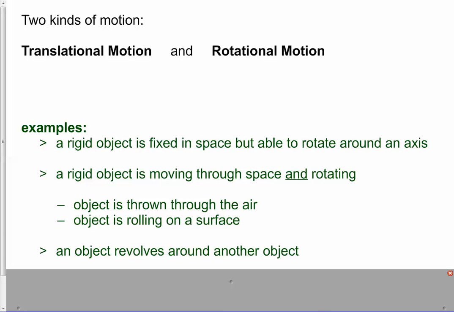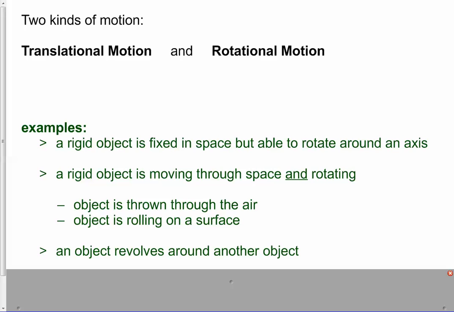And then finally, we even have another case that could be included in what we're talking about, where the object may or may not be rotating, but its translational motion can be viewed as rotating around something else. We could think of any kind of circular motion of an object, like the Earth going around the Sun, for example. We've dealt with that before, so that's not new.